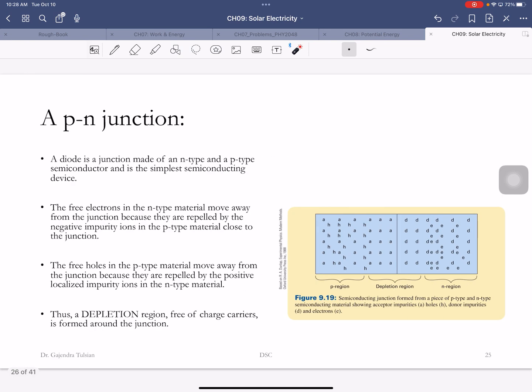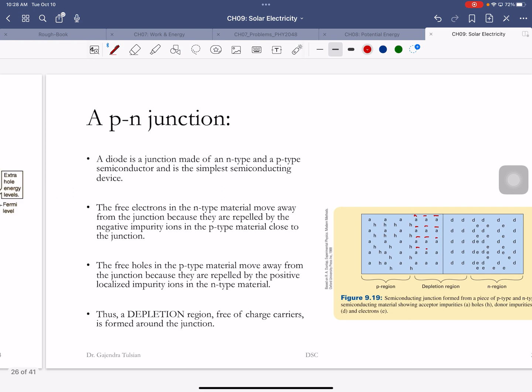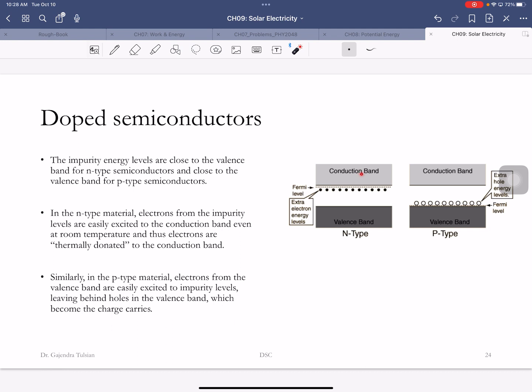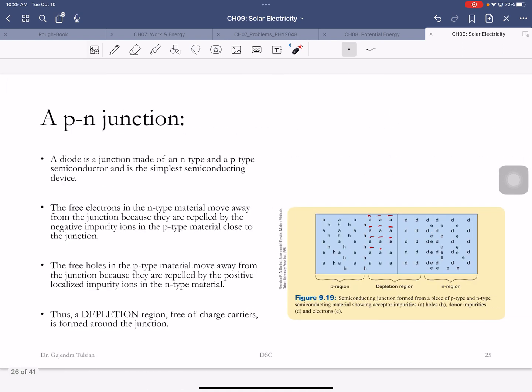I'll draw them negatively charged. These guys are donors. They've donated electrons. It's called N-type because the charge carriers are negative charge carriers, which are electrons. These are called P-type, positive charge carriers. Holes are the charge carriers. Okay. Don't worry about the D. So these guys have donated.